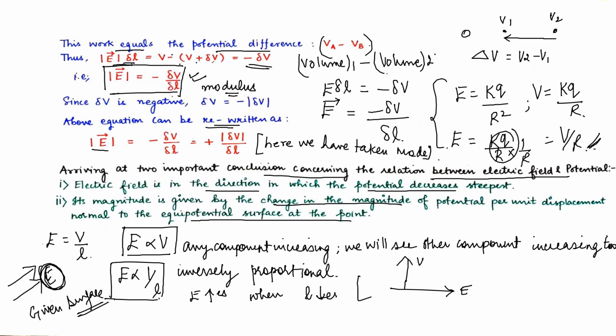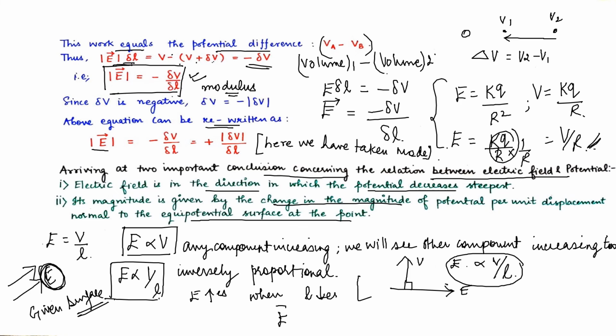So we have already proved one thing, that V and E are perpendicular. Now what it says is that the E's magnitude will change with the voltage, per unit displacement. So this is what they aim at saying. Our electric field is proportional to V by L, written as potential per unit displacement.